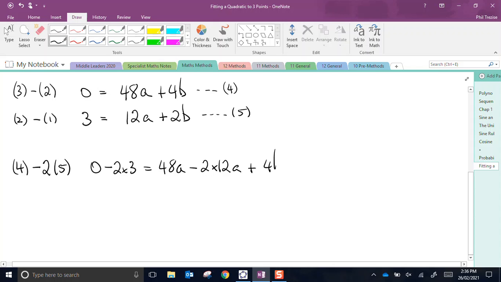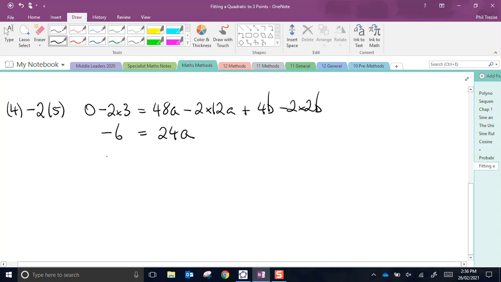I have 4b subtract 2 times 2b. So that's negative 6. 2 times 12 is 24. 48 take 24 is 24a, and the 4b take the 4b disappears. This allows me to write negative 6 over 24, which is a, and that's negative 1 over 4. So I found the value for a.